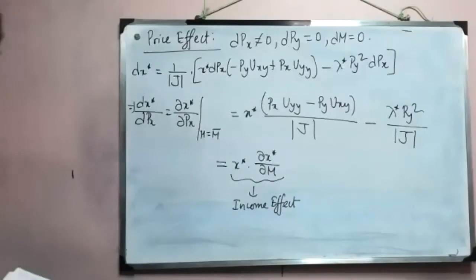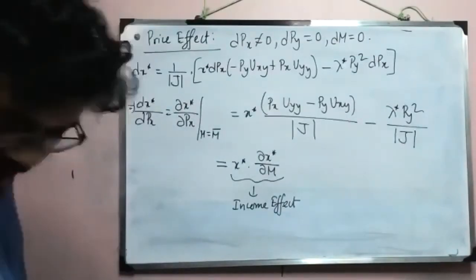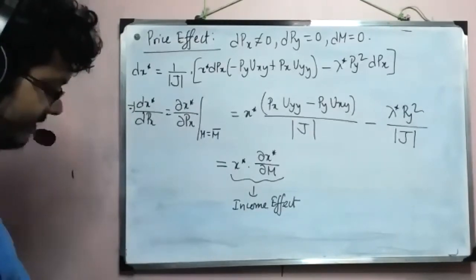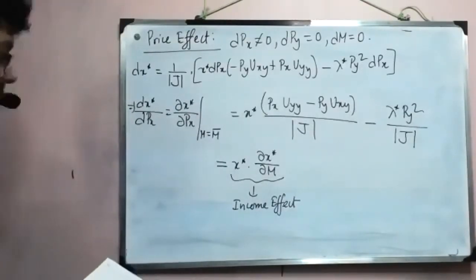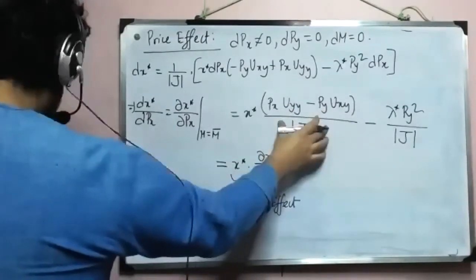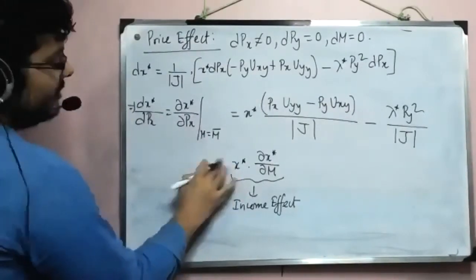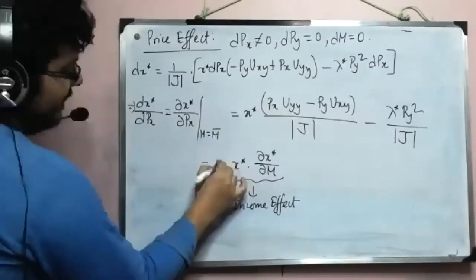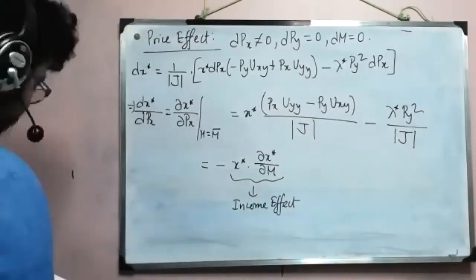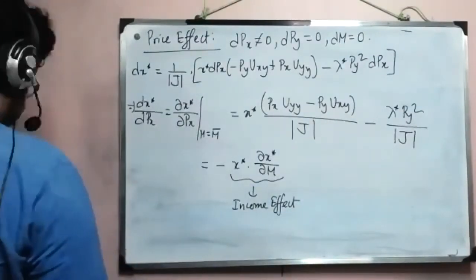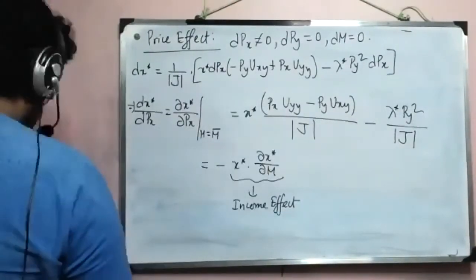All right, so just to match with what we have derived earlier, earlier we said that our expression for income effect was this expression multiplied by a minus sign. So earlier we derived this expression but with a minus in front. So we have minus X star del M.